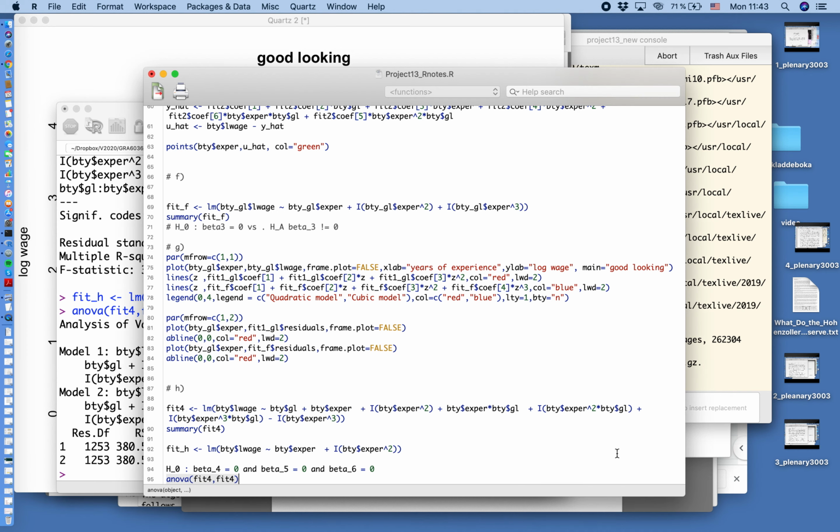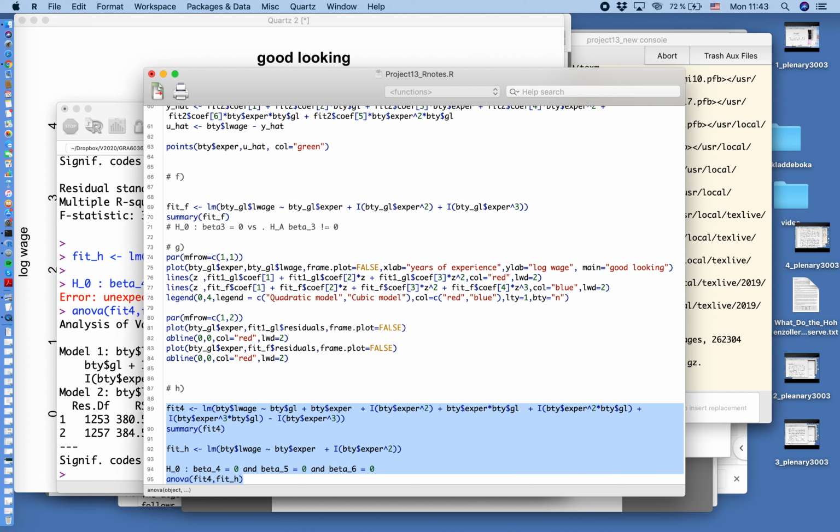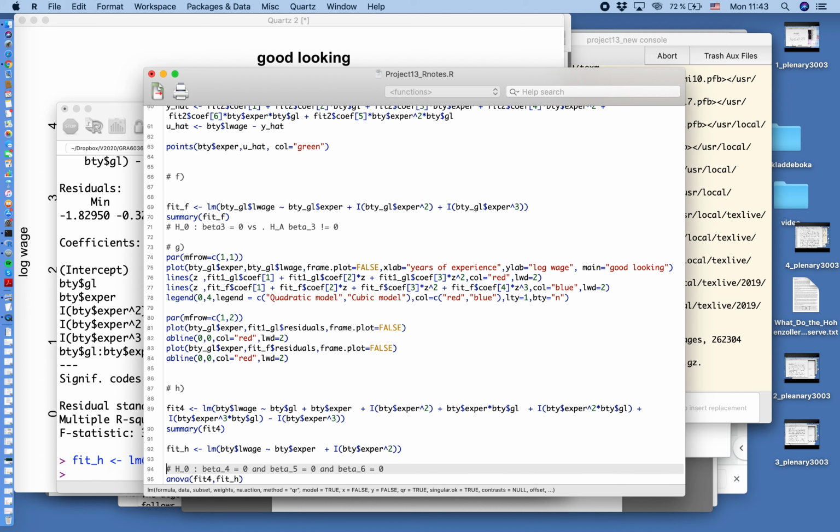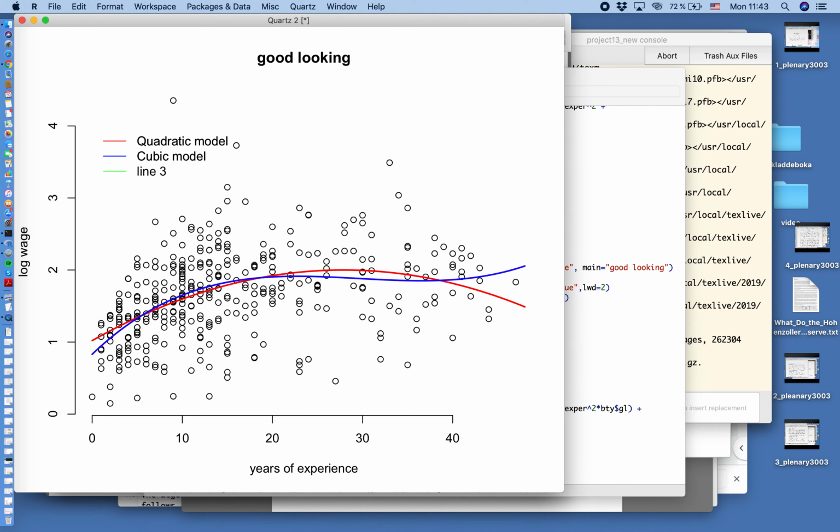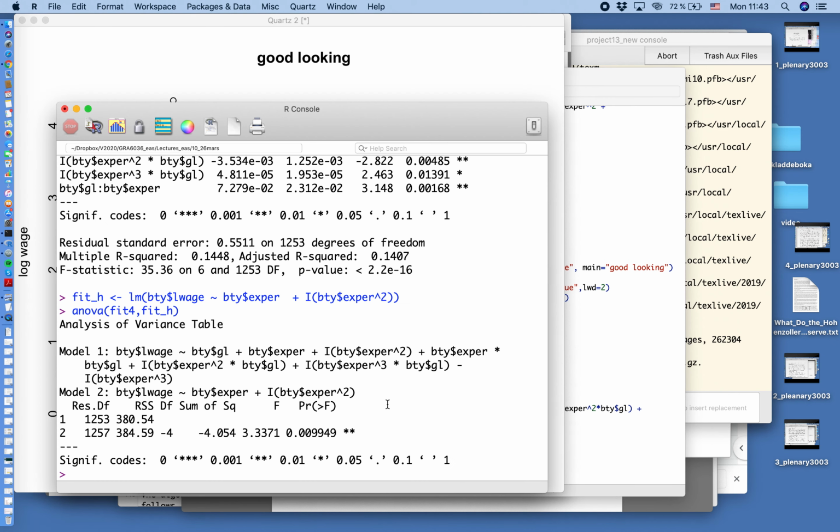So fit 4, fit 4. It should possibly be fit age. That's why we got this. And now I forgot to comment this out, so we'll do it one more time. Okay, so fit this model with summary, fit this model, and now we do the F-test. Here we go.